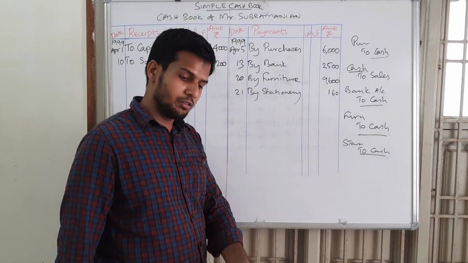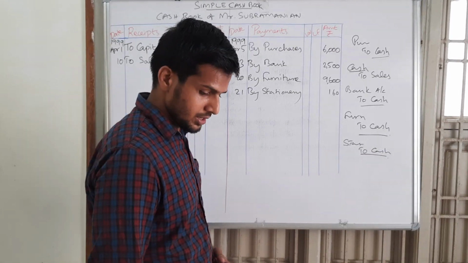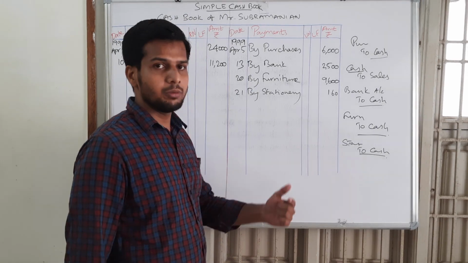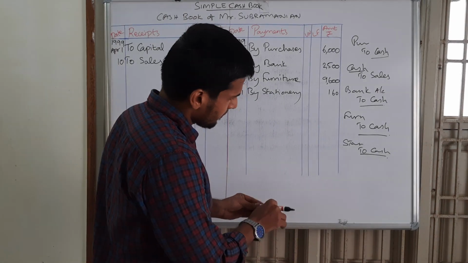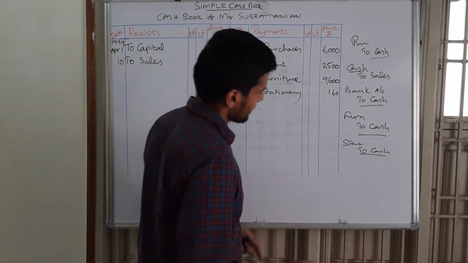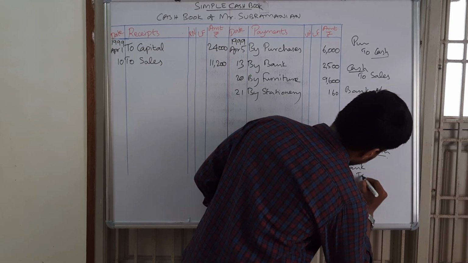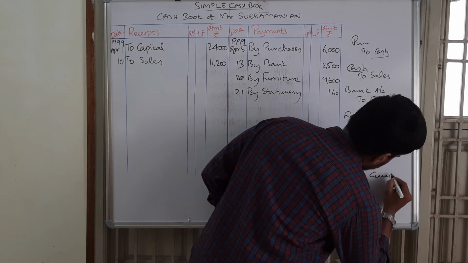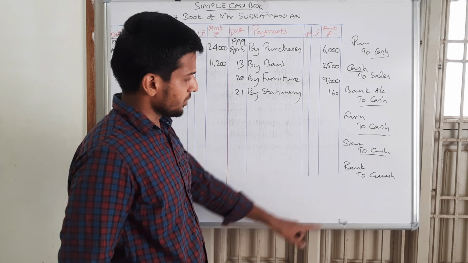received cheque from Ganesan. So here we are receiving the cheque from Ganesan. Cheque from Ganesan means what will be the journal entry? That is the bank account debit to Ganesan.